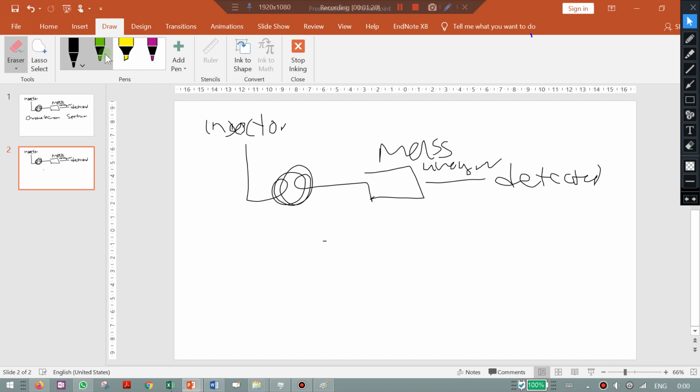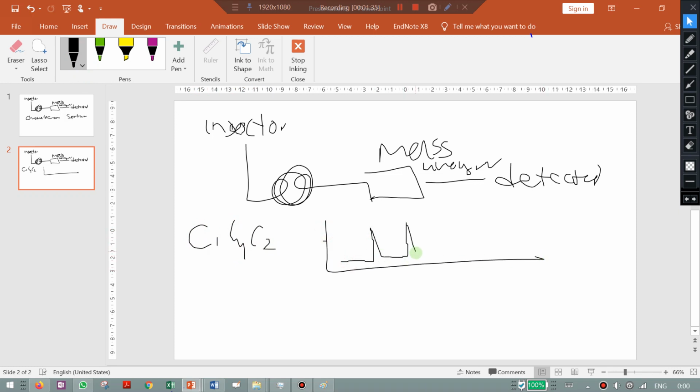Let's say you have two compounds, compound 1 and compound 2, that you want to separate. From the chromatogram you will obtain two peaks.